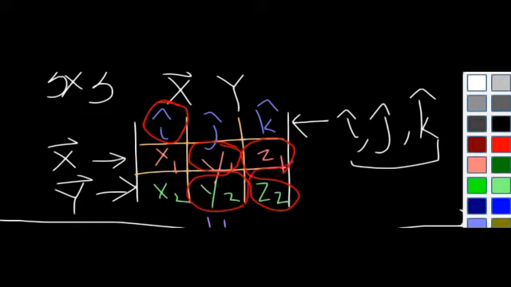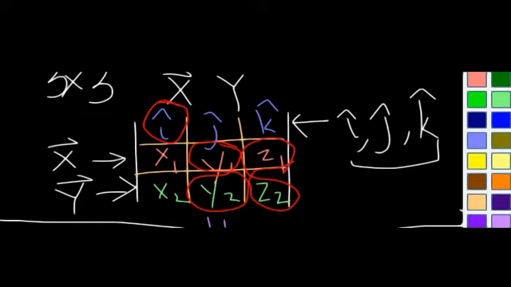The second step is you multiply j hat with the difference between the product of x1 z2 and z1 x2.